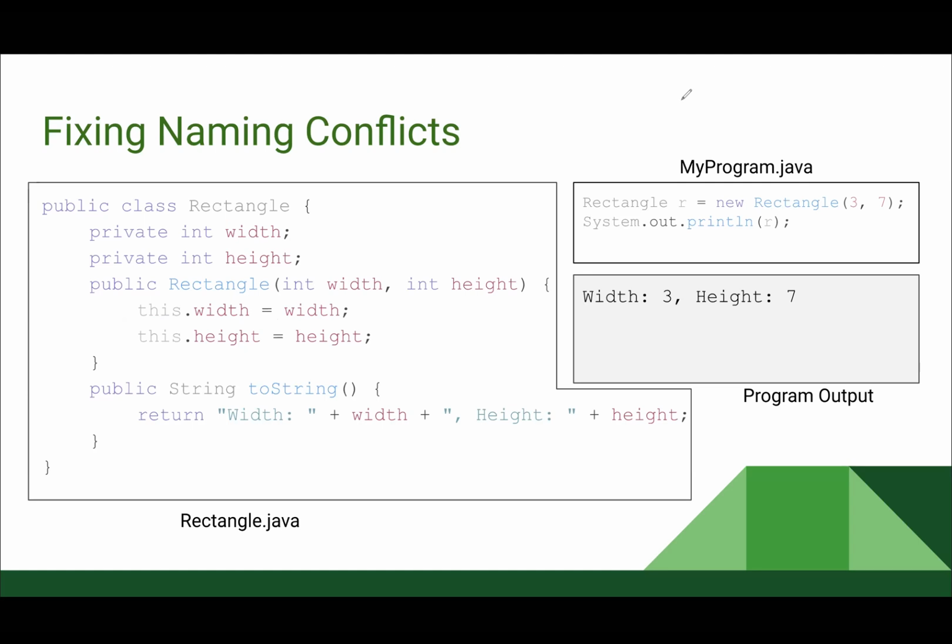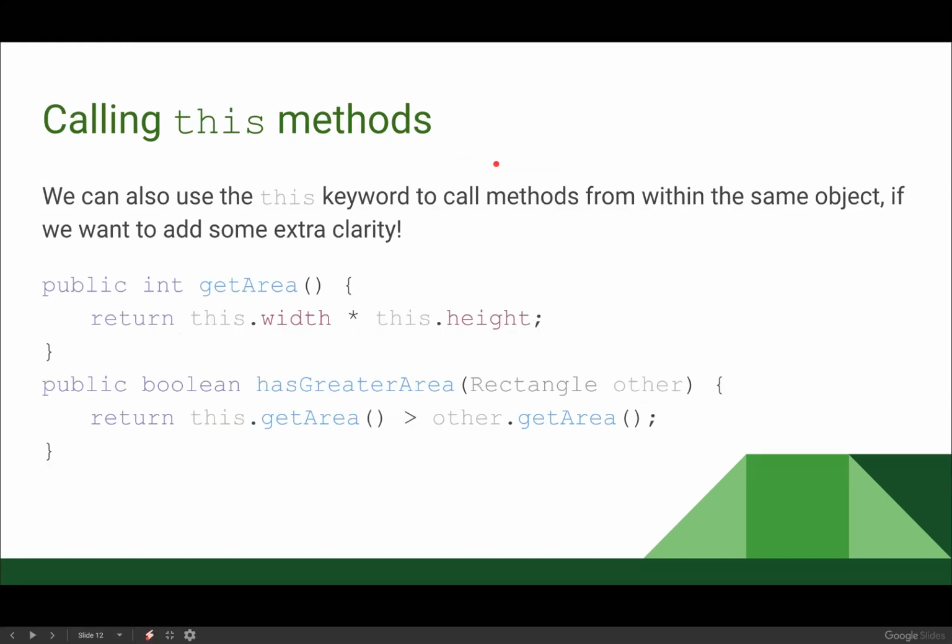And this is really just helpful for clarity's sake. It helps us to identify things when we are referencing our own object. Now we can also use the this keyword to call methods from within the same object if we want to add some extra clarity.